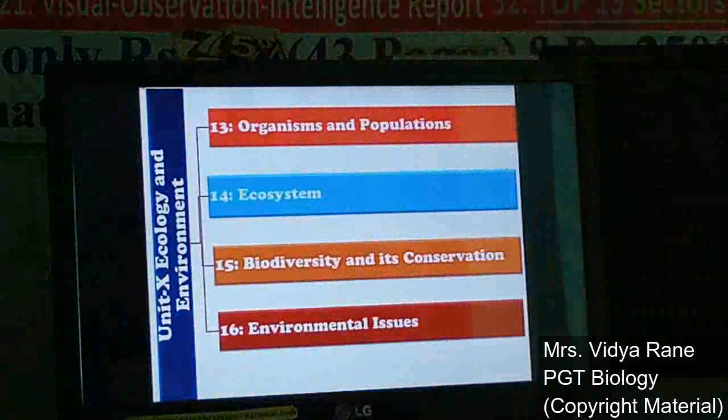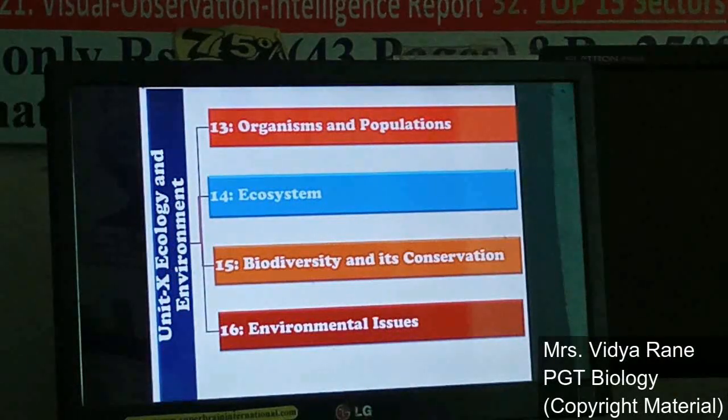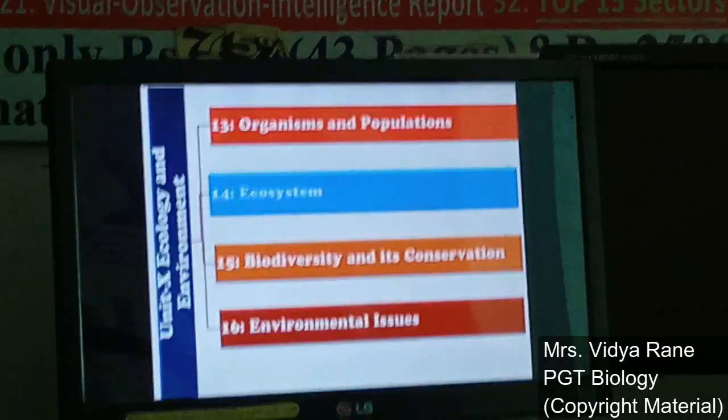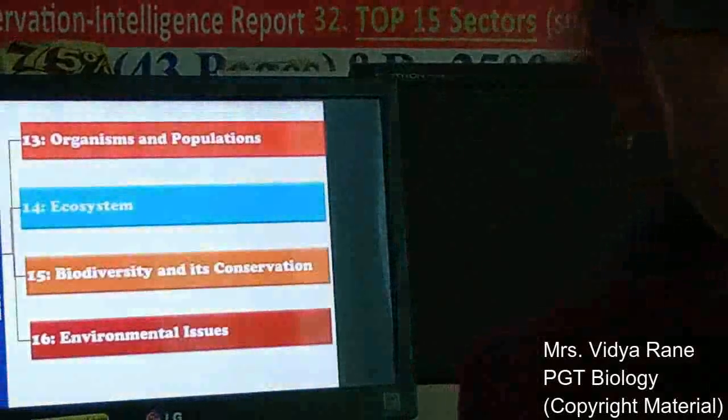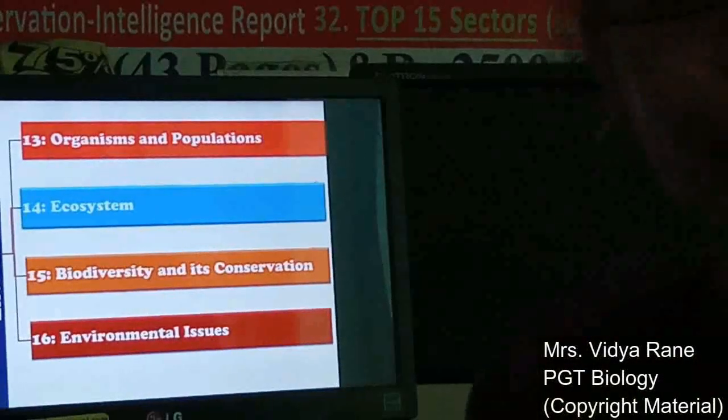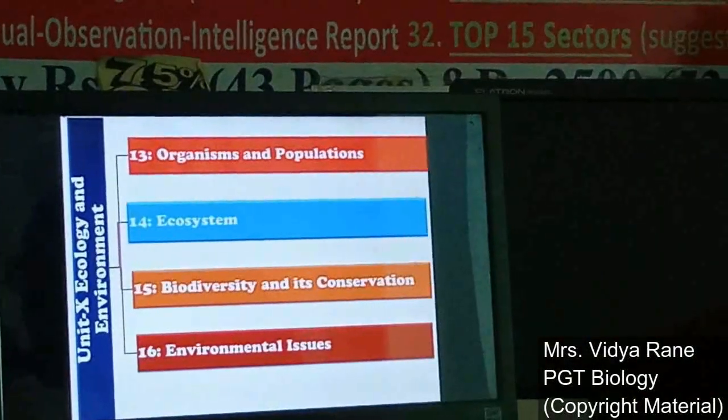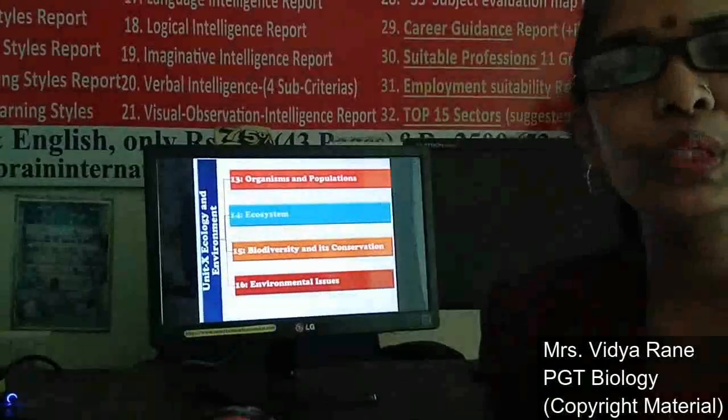Next is the Ecosystem chapter. In this you are going to study the different types of ecosystems and the various changes that take place in the ecosystem. Energy flow is there, that you are going to study. Pyramids are there, that you are going to study. So again it is a very easy and very interesting chapter. Next is Biodiversity and its Conservation. This is again a very important and interesting chapter, where you are going to study about biodiversity.